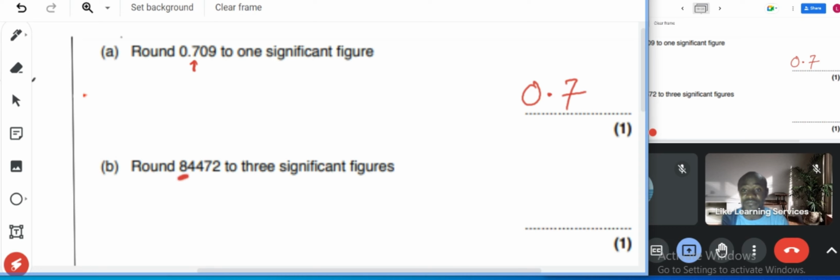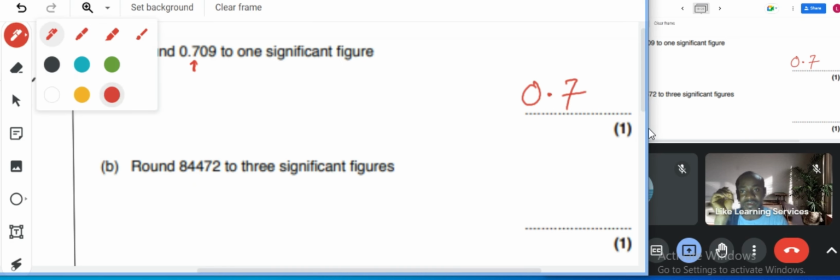The first number, 8, is the first significant figure. The first 4 is second. The second 4 is third, is it not? So it says 3 significant figures, so we are stopping at the second 4. Do we all agree? Yeah.